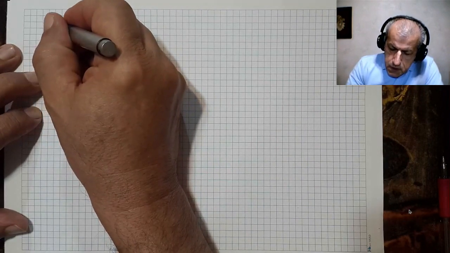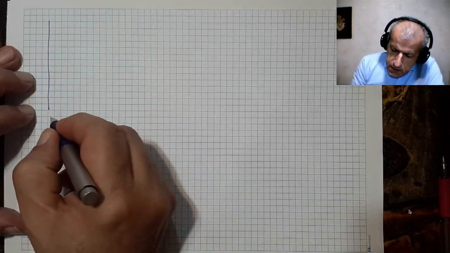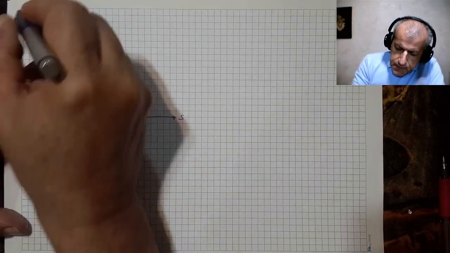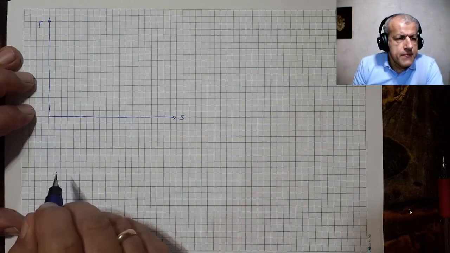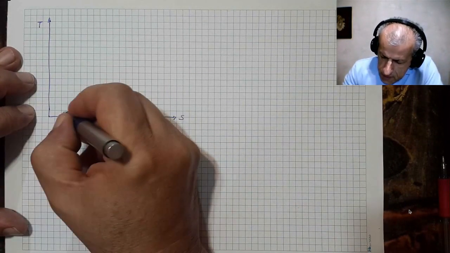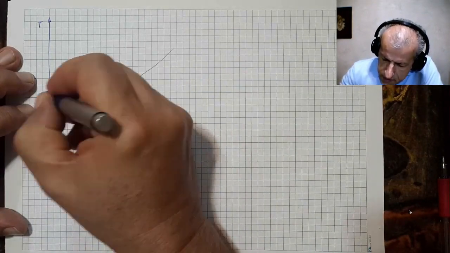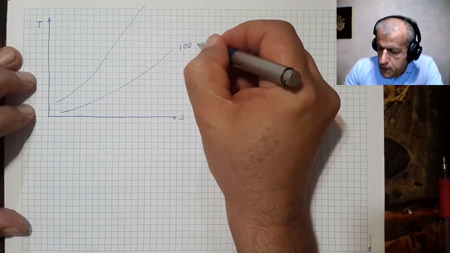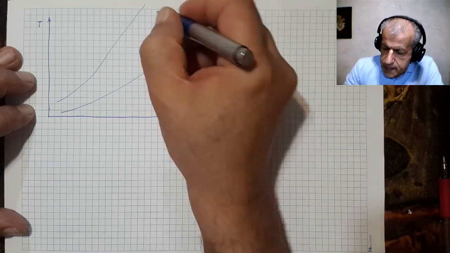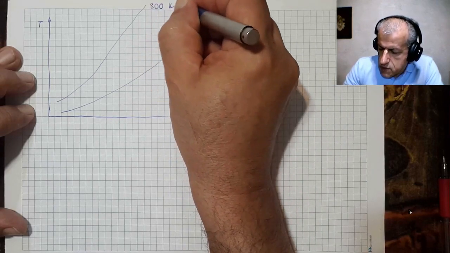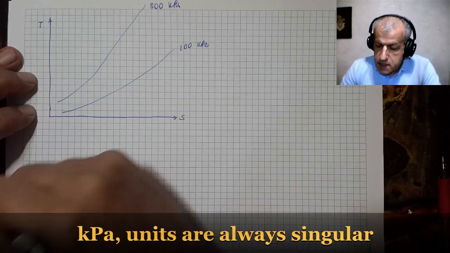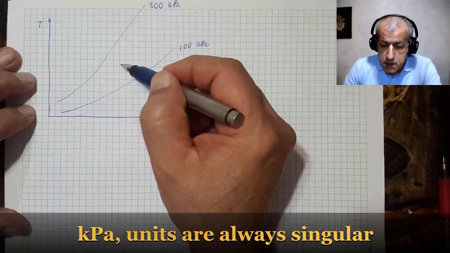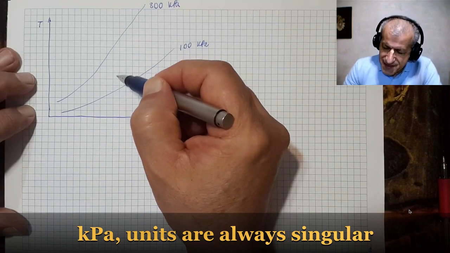Look, if we redraw the TS diagram, this is the TS diagram, and these are our two constant pressure lines of, say, 100 kilopascals and then 800 kilopascals. And I intentionally made the effort to make this distance wider because there is work to do in it.